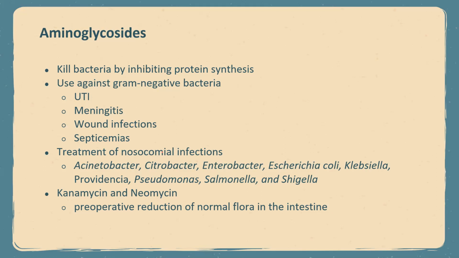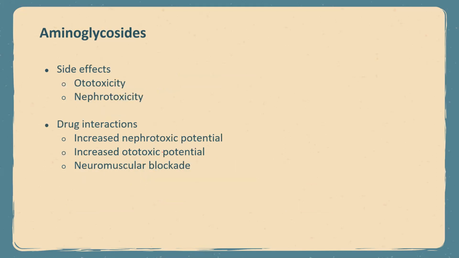Under aminoglycosides, we have what we call kanamycin and neomycin, which are both used for preoperative reduction of the normal flora of the intestine. Aside from that, there are side effects of our aminoglycosides, which include ototoxicity and nephrotoxicity.